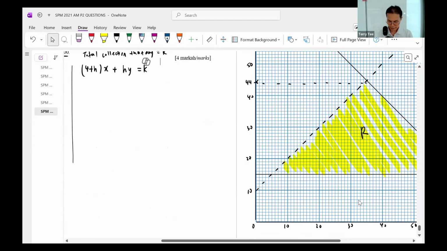Is it 36? 36, right? Yeah, sometimes I cannot see clearly. You want maximum? Maximum must be higher, further to the right. Yeah, that's 36, okay.